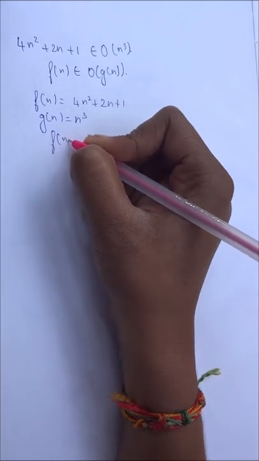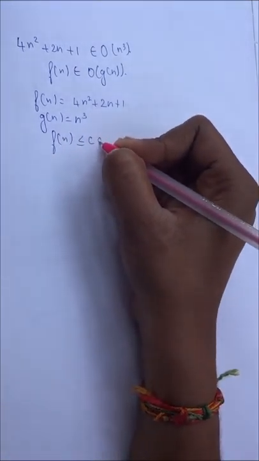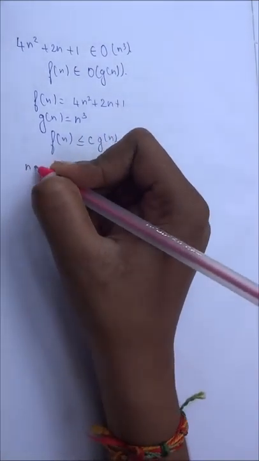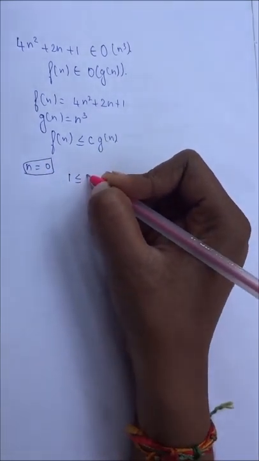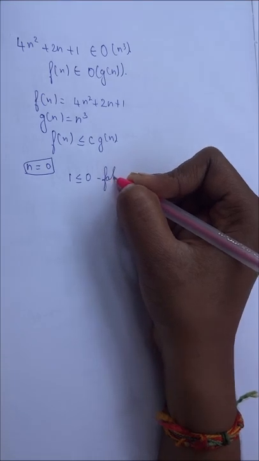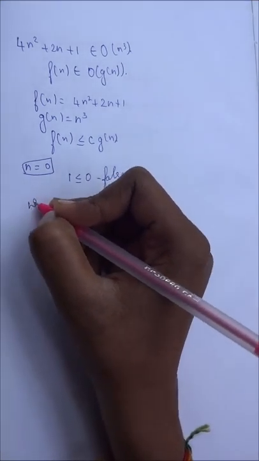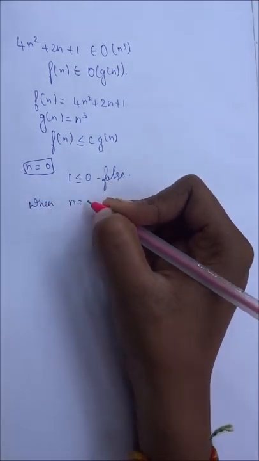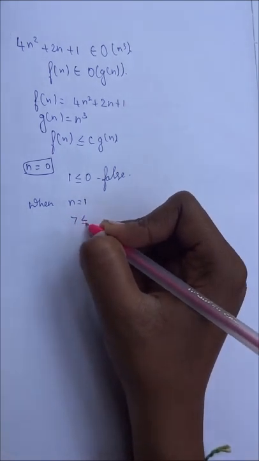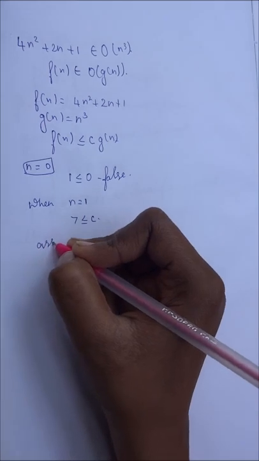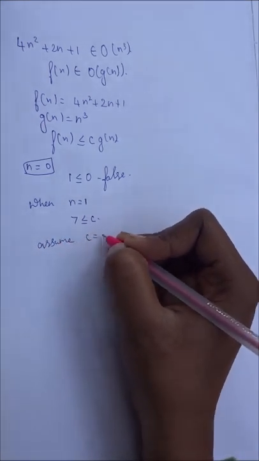We know that f of n is less than or equal to c into g of n. First let's apply n equal to 0. We get 1 less than or equal to 0, and this is false. Then let's apply n equal to 1. We get 7 less than or equal to c. Let's assume that c is equal to 7.